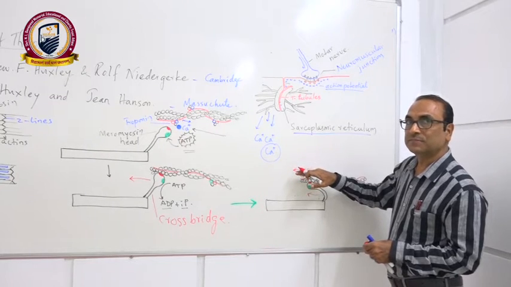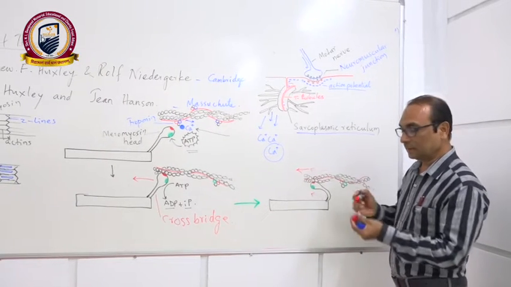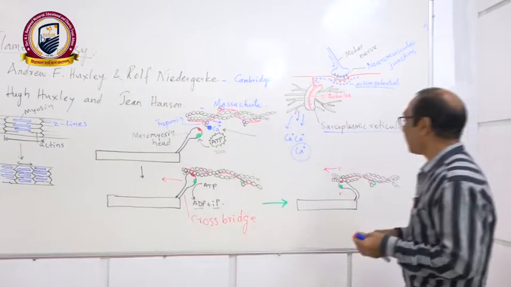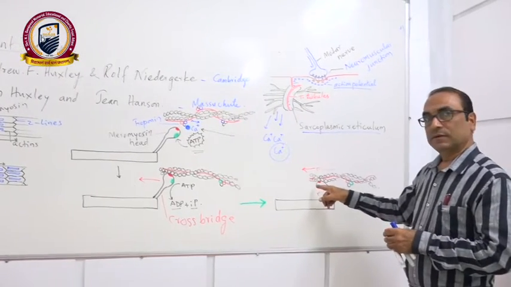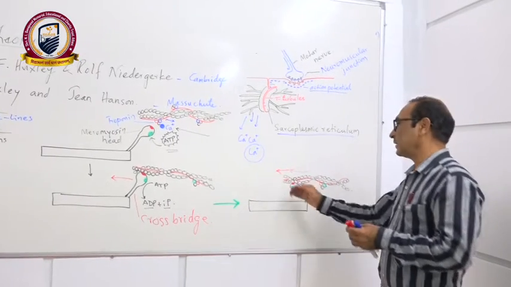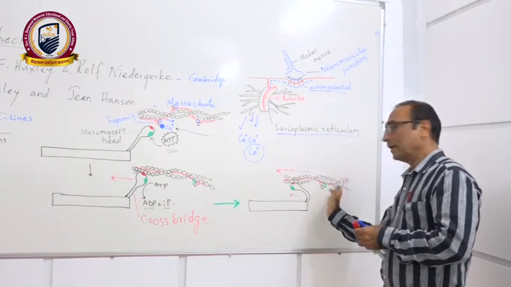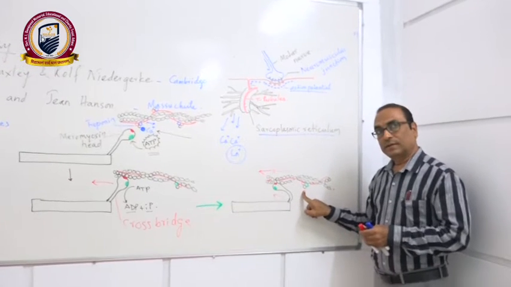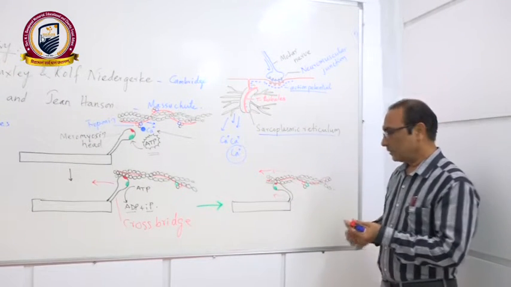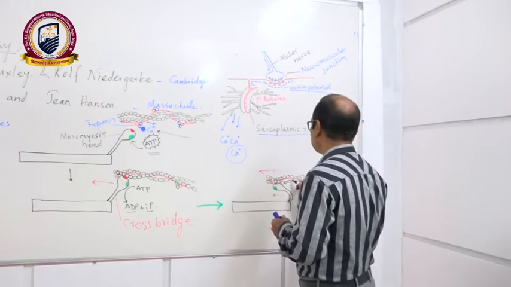And once this happens, another ATP molecule binds to the ATP binding site of the heads of myosin. It gets stretched again and comes in contact with another active site on the actin.